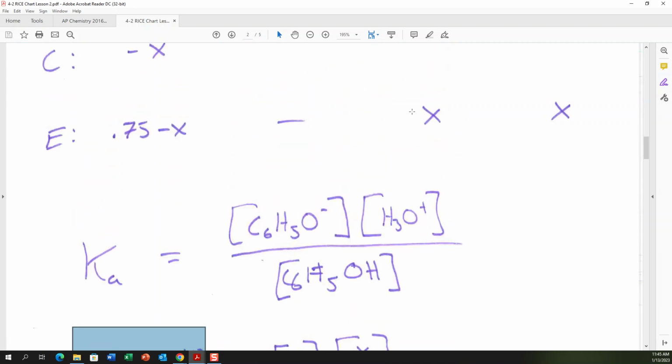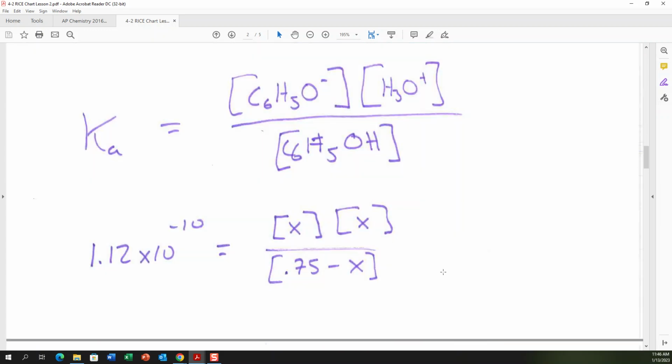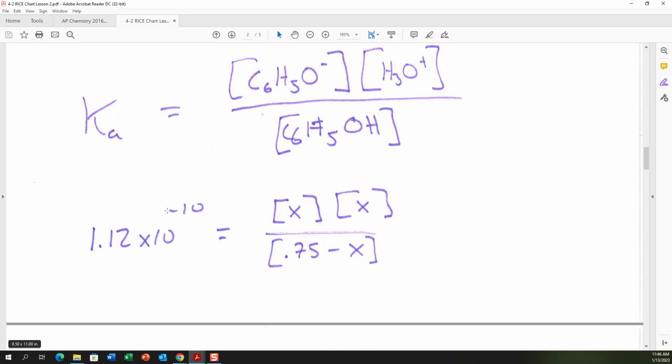According to our RICE chart, the concentration of C6H5O minus is x. The concentration of hydronium is x. And the concentration of our reactant is 0.75 minus x. So this is what we got. The Ka value equals x times x over 0.75 minus x.